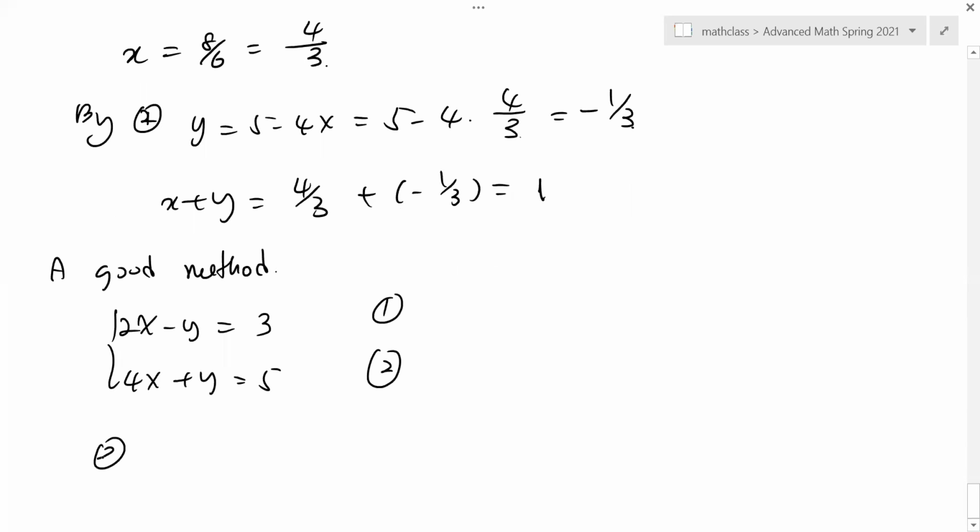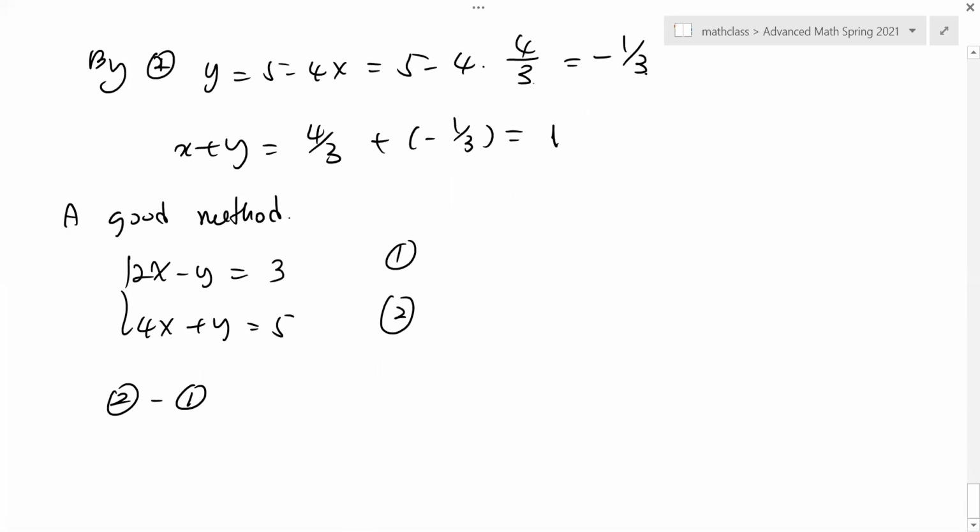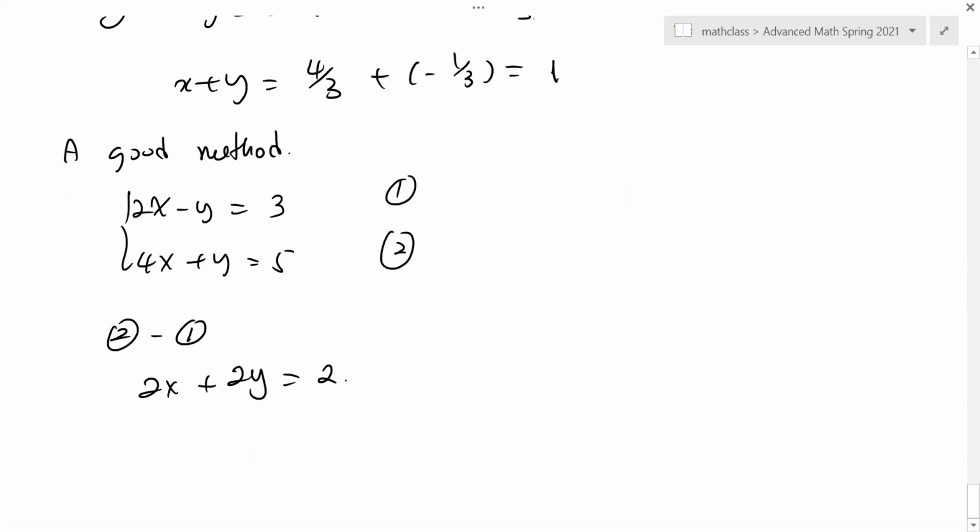I find equation 2 minus equation 1. I cannot eliminate x and y, but what I got is 4x minus 2x is 2x, y minus negative y is 2y, 5 minus 3 is 2. So if I divide both sides by 2, I get x plus y equals 1.